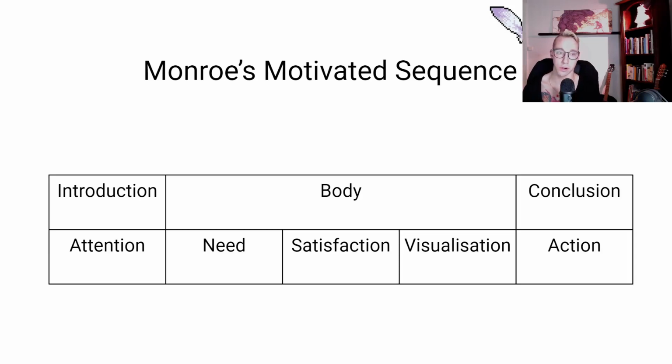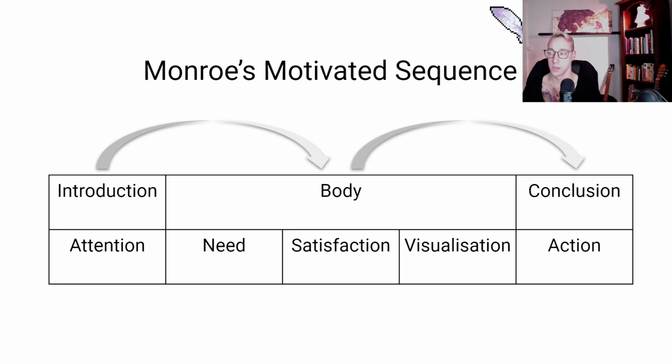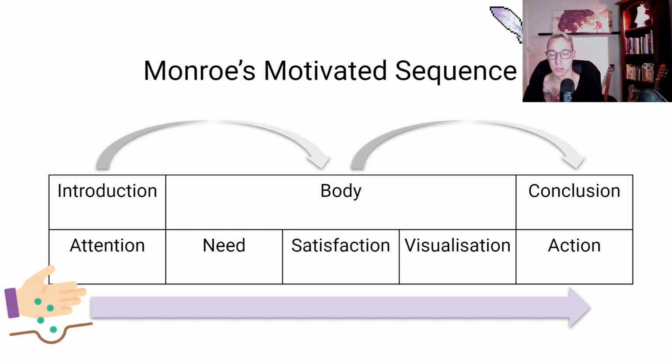And these are called the attention step, the need step, satisfaction step, visualization step, and lastly, the action step. And in this case, as I mentioned earlier, the introduction transitions to the body and the body later to the conclusion. While in Monroe's motivated sequence, you need to build from each step into the other. And this is where your transitions are very important.